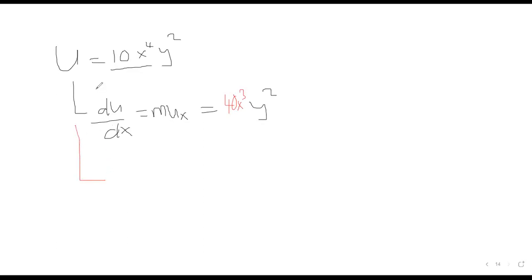Yes. Then if you go to du dy, this one will be our marginal utility of y. So we're just removing this. Our dummy is x^4. So we are going to remain with 10y^2, which will give us 20y^1. So 20y. Excellent.